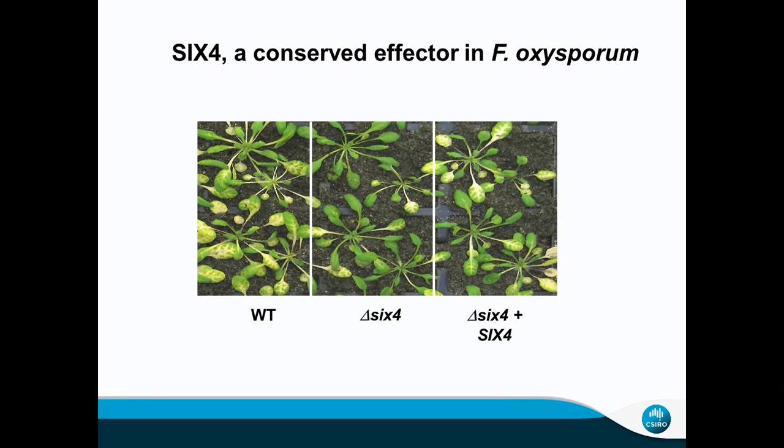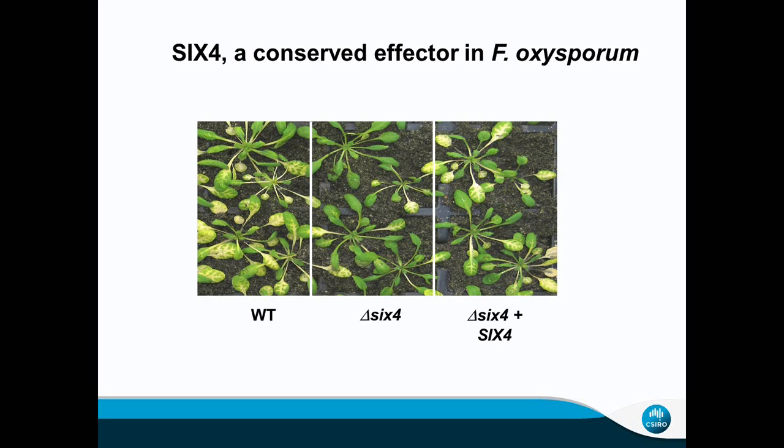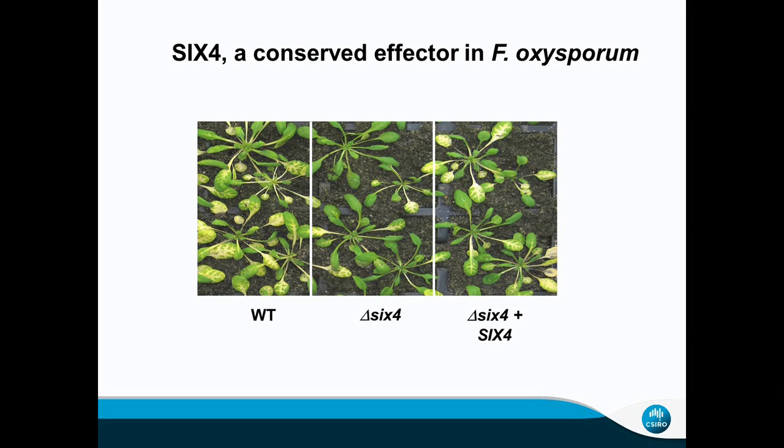So in this case, that's what we did. We knocked out the gene encoding the Six4 effector from this Arabidopsis-infecting strain, and then inoculated Arabidopsis plants with the wild type, as you can see here. And these are the plants inoculated with the knockout mutant. You can see the difference between these two.